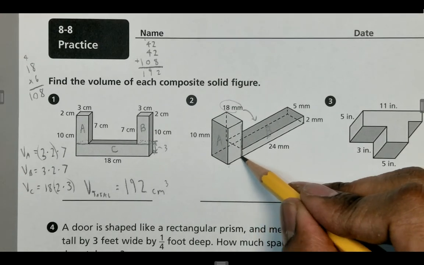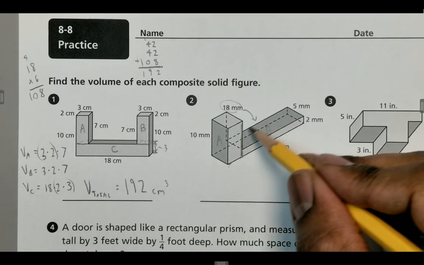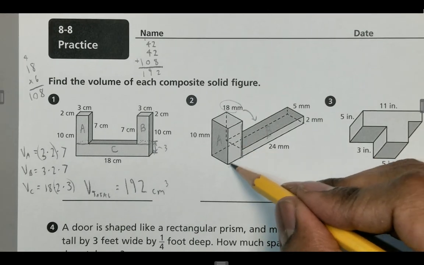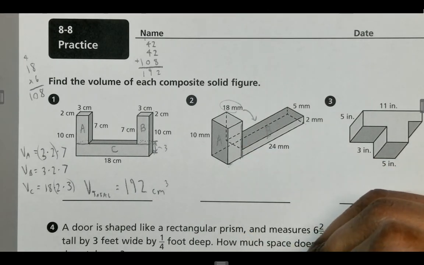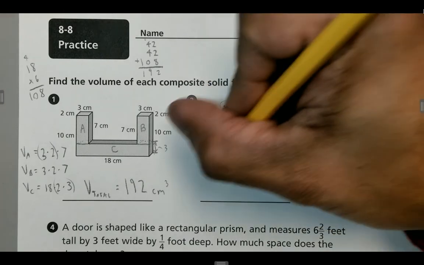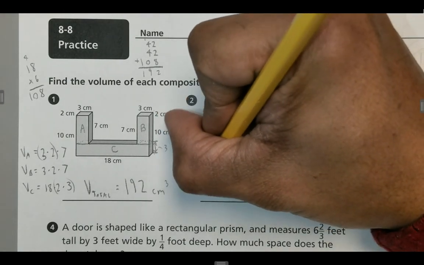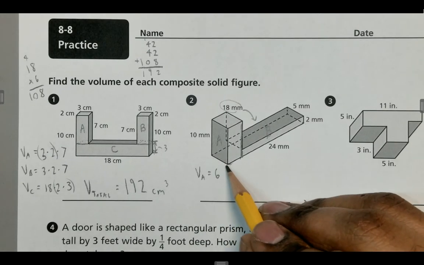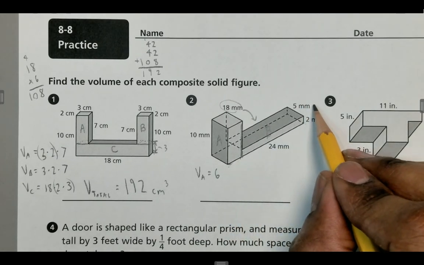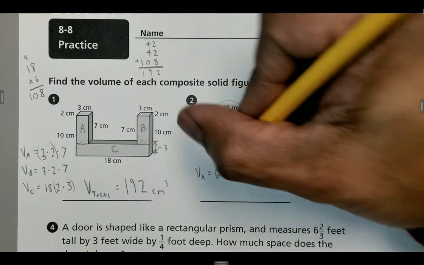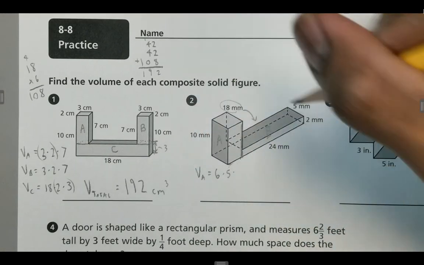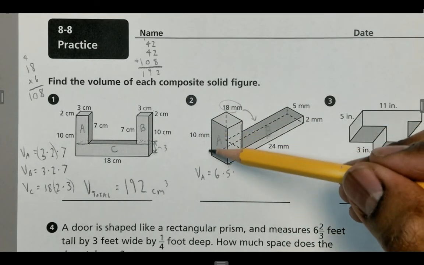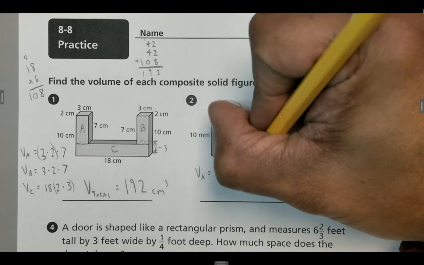So I want the difference between 24 and 18. 24 minus 18 is 6. So my length is 6. My width is going to be 5. And my height is 10.